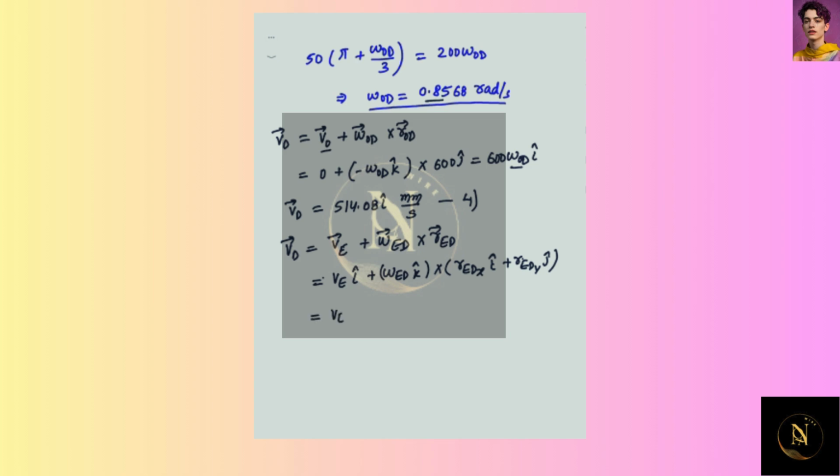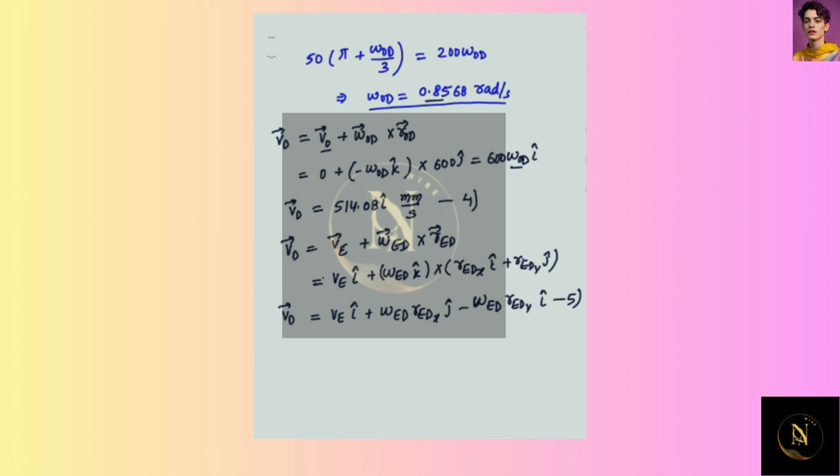So we will get V_E i cap plus omega ED R_ED x j cap minus omega ED R_ED y i cap. This is the V_D vector, and this is our equation number 5.